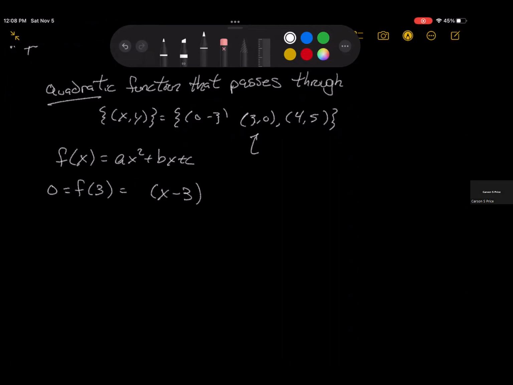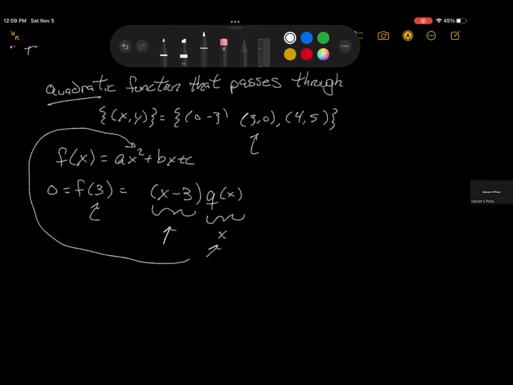I know that it's x minus 3 times something else. This q of x is going to be another straight line that's going to have 1x in it, because I've got 1x there.